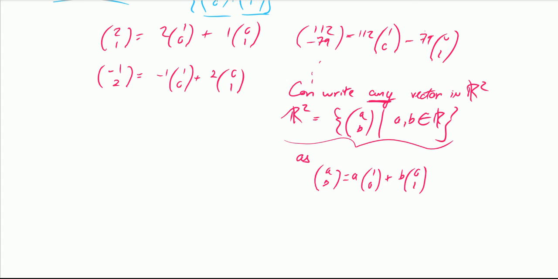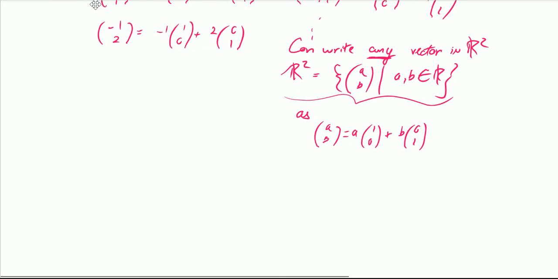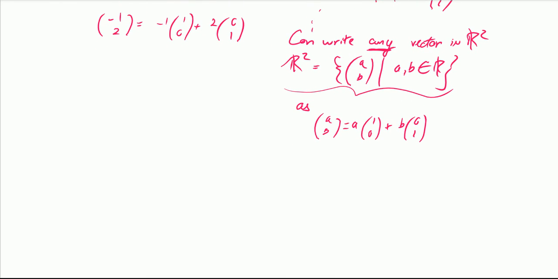So as a result, what this means is that the span of S, the span of (1, 0) and (0, 1), is actually all of the possibilities of R2. It's any vector that belongs to R2. So in effect, span of S is equal to R2.